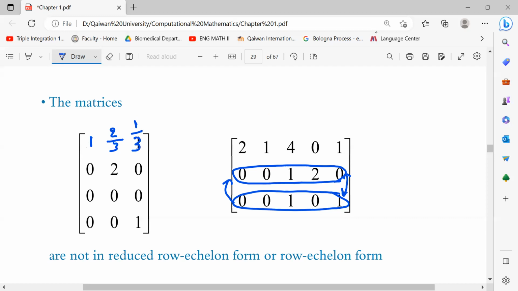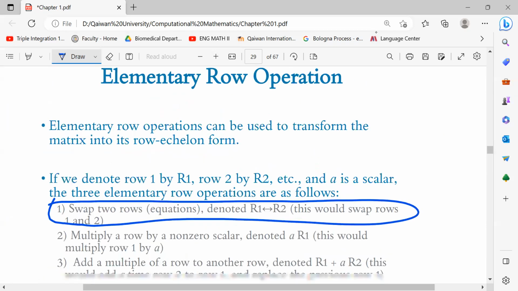We get this. If we say R1 divided by 3, why do we do this? To change this to 1. Okay? If you want to change an entry to a value that you want, you could multiply or divide by a value, but the value must not be 0. You cannot multiply or divide by 0.